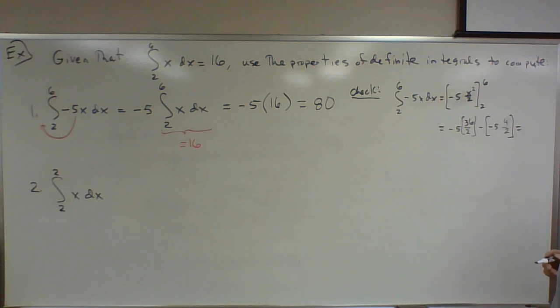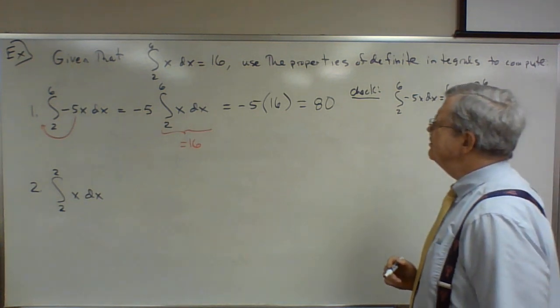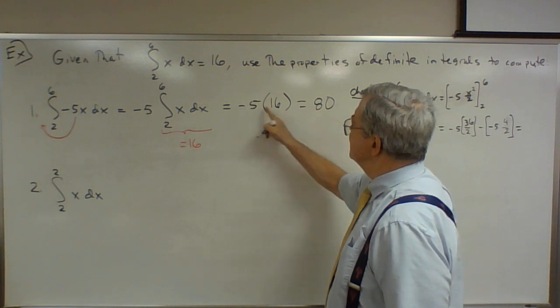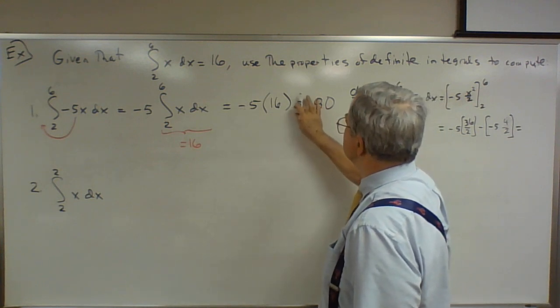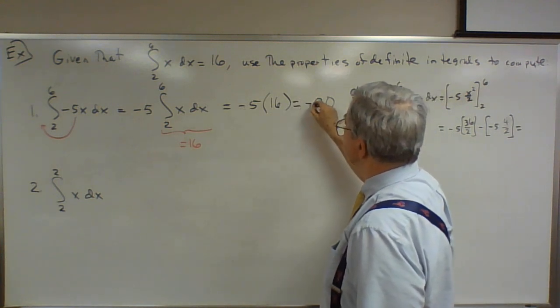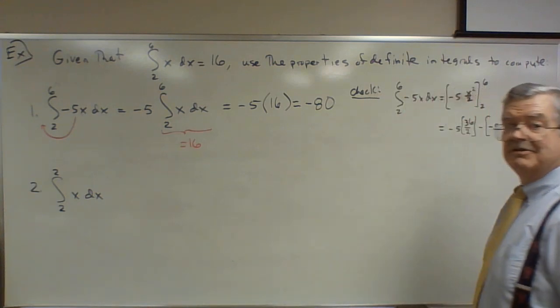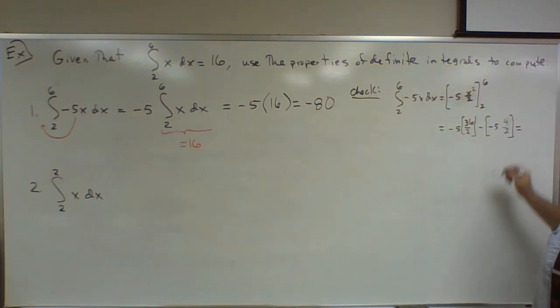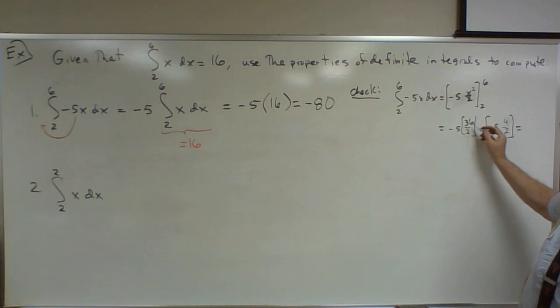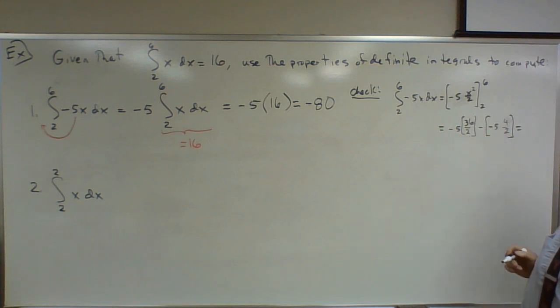Good thing I checked this. -5 times 16, -80, isn't it? Sorry. Okay. So this is 18 times -5.